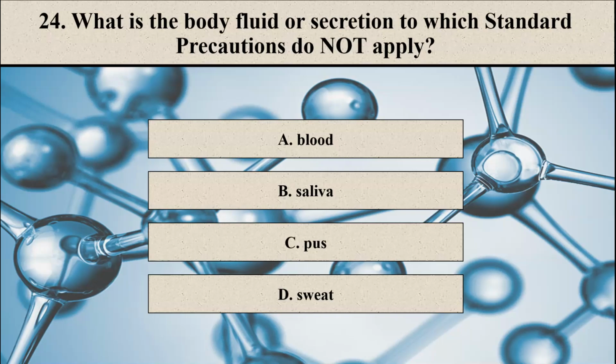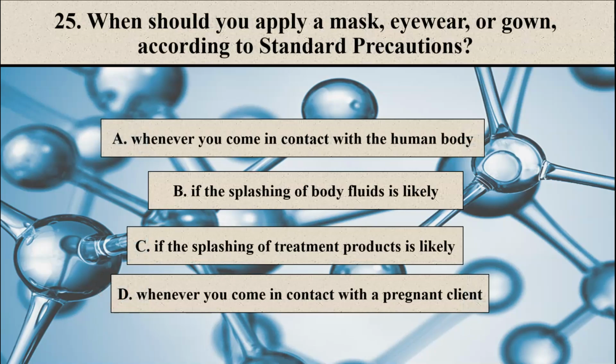What is the body fluid or secretion to which standard precautions do not apply? Blood, saliva, pus, sweat. If you chose D, sweat, you are correct. When should you apply a mask, eyewear, or gown according to standard precautions?